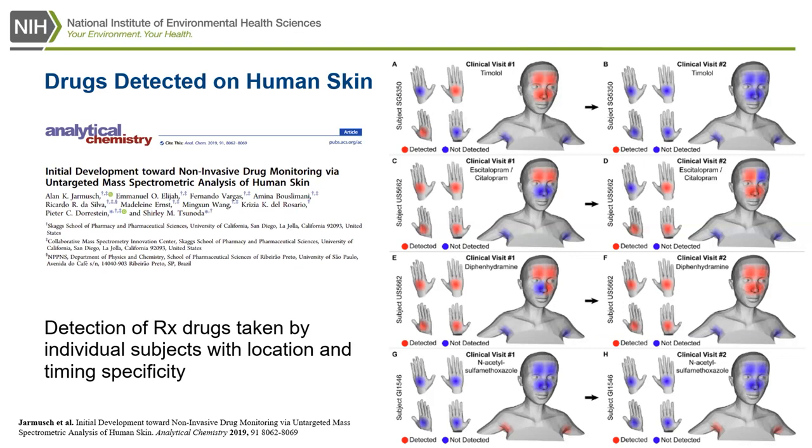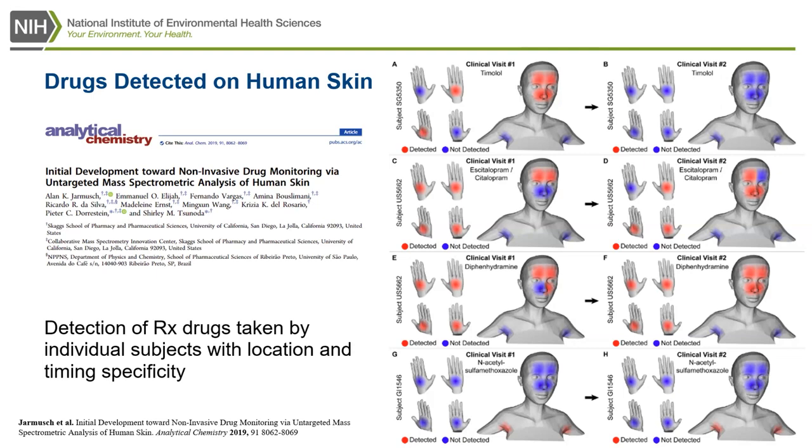And the question is, why do we detect it in certain locations? There are probably different mechanisms. N-acetyl sulfamethoxazole is much more polar than the initial drugs, so the idea is that maybe it's coming out in the sweat of the armpit, whereas the parent drugs, diphenhydramine and citalopram, were found primarily on the surface of the skin.